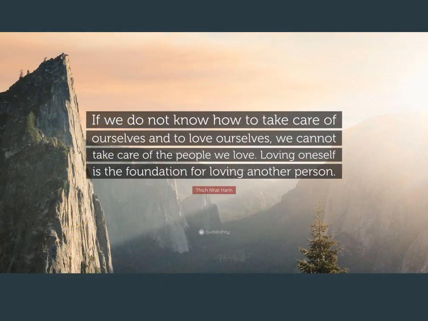If we do not know how to take care of ourselves and to love ourselves, we cannot take care of the people we love. Loving oneself is the foundation for loving another person. Hence, in order to help others, we must be very aware of ourselves to help ourselves, right? Be very aware of how often we mislead, we misinterpret ideas and concepts, and hence we cannot function effectively in life.